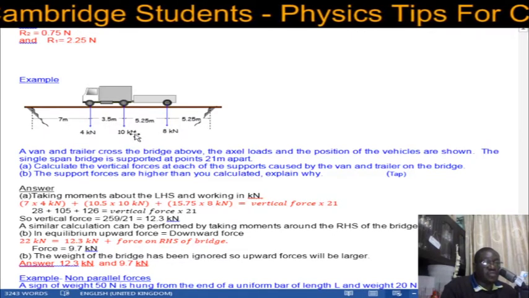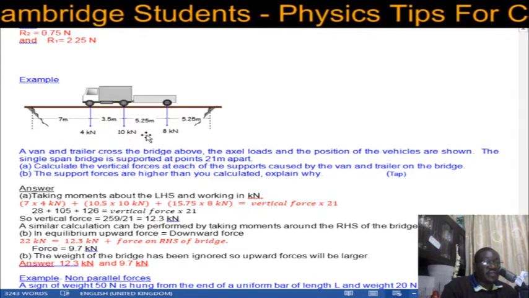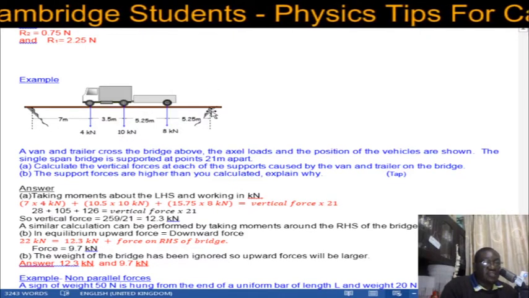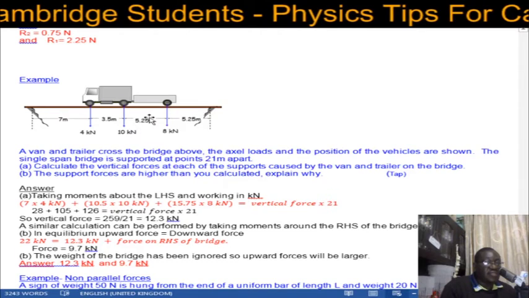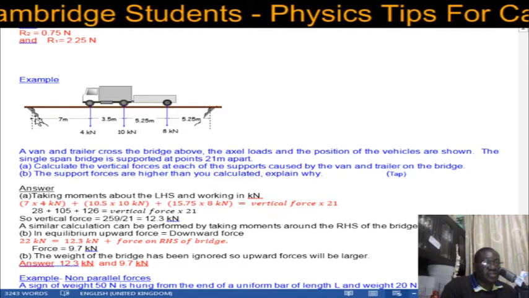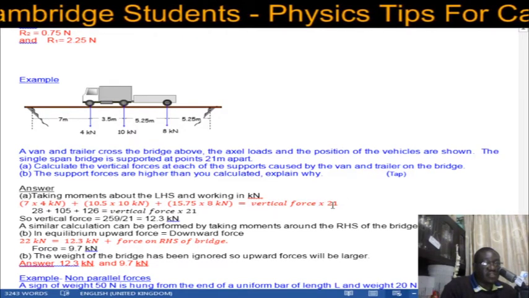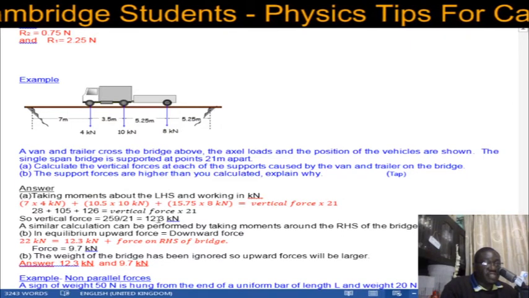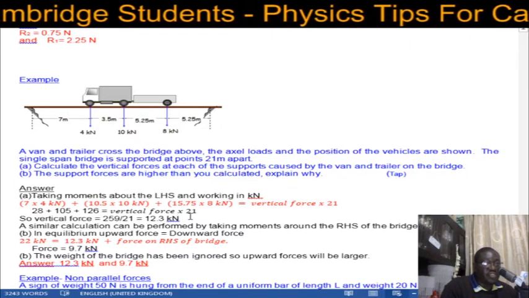So all these will be your clockwise moments. Then the anti-clockwise moment would be this reaction force right here times the total distance, 21 meters. I think that's what you're seeing here, vertical force times 21 meters. So you get the vertical force then is 12.3 kilonewtons.